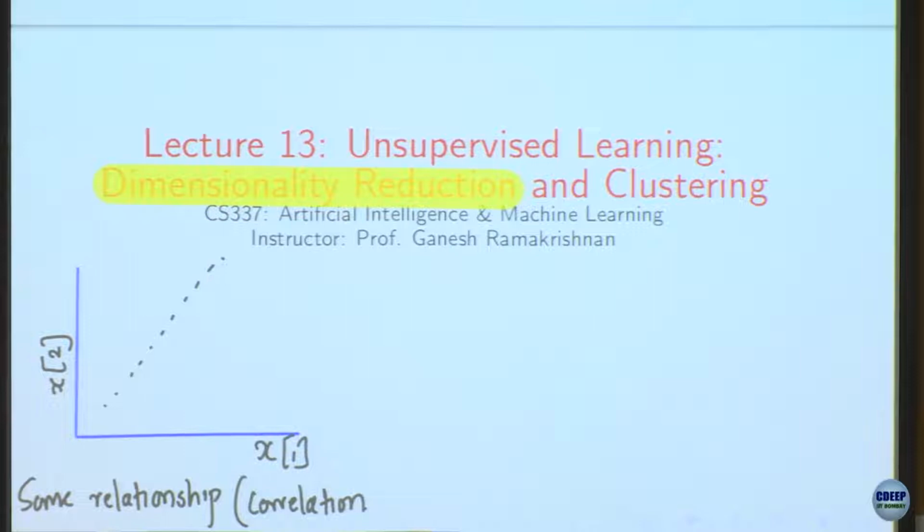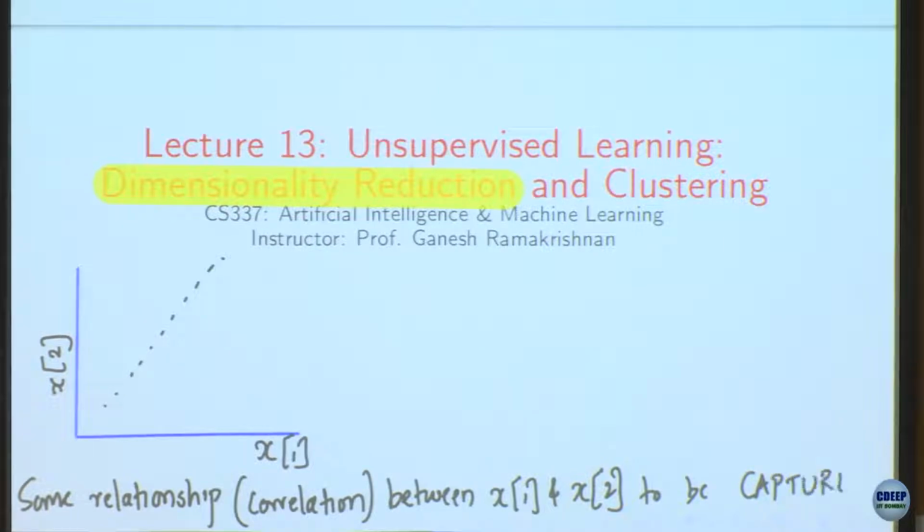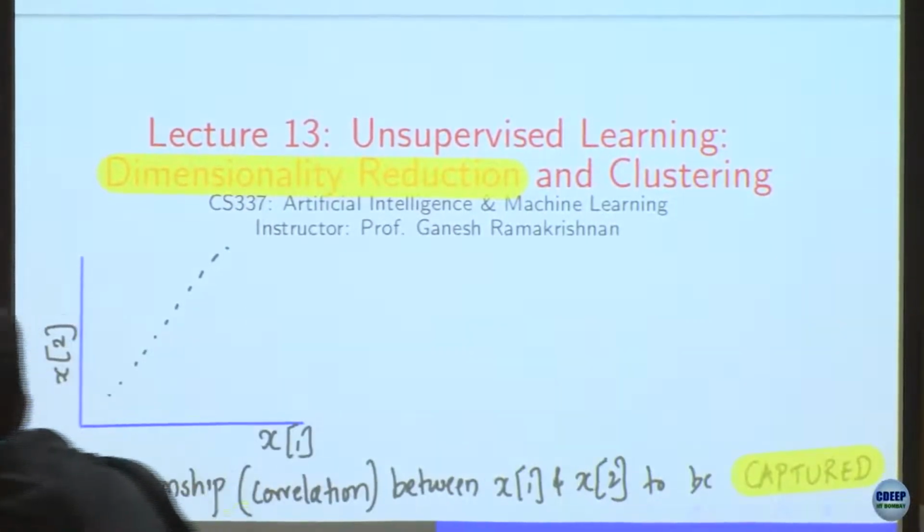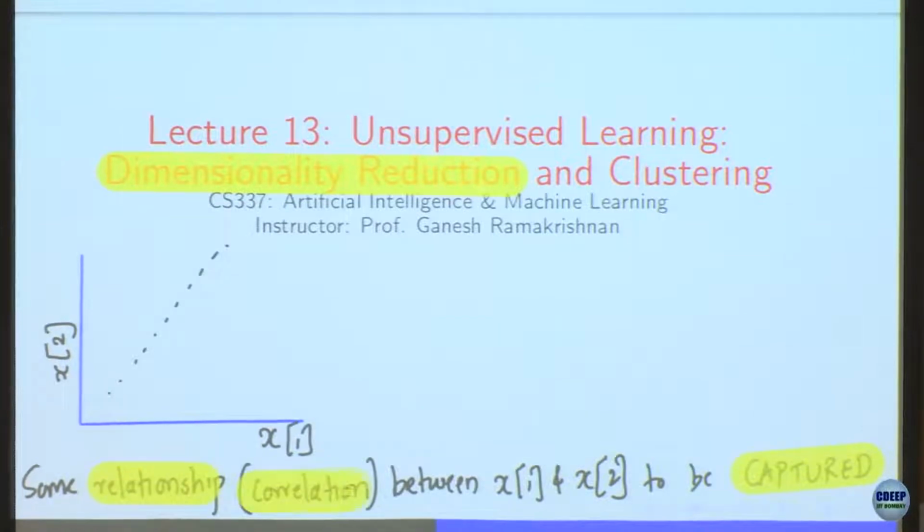Thanks to kernels, we will break away from linearity also, but some relationship, correlation between x1 and x2 is to be captured, and that is the topic of dimensionality reduction, capturing this relationship or correlation.